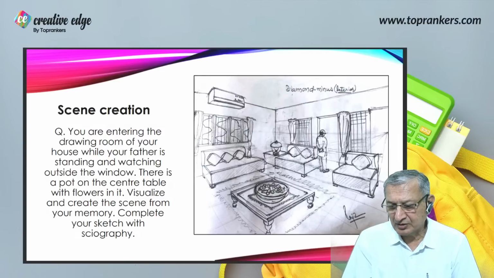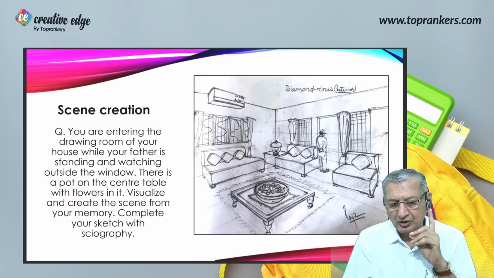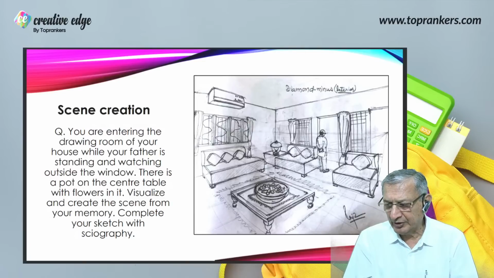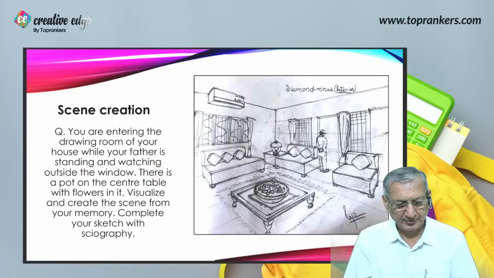Now let's talk about this question. You're entering the drawing room of your house while your father is standing and watching outside the window. Now remember, I always try to display a human figure along with the still life because that is the only visible scale to your drawing.